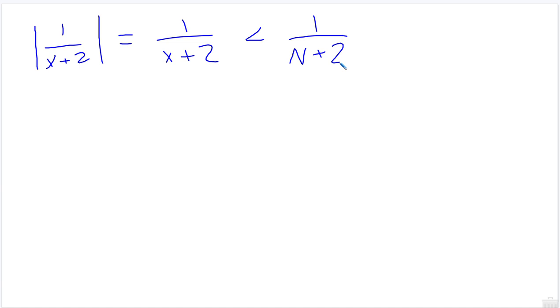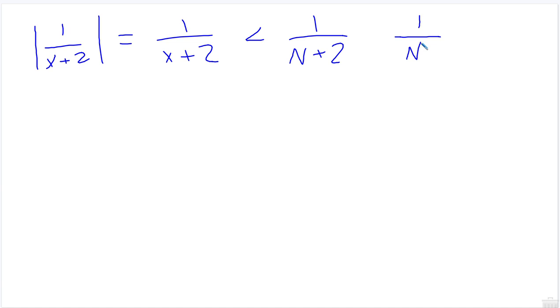If we think about how fractions work, if I have n plus 2 in here, I should be able to relate that to just 1 over n. Because I know that n is a positive number, and if I take a positive number and add 2 to it, I'm getting a bigger number.